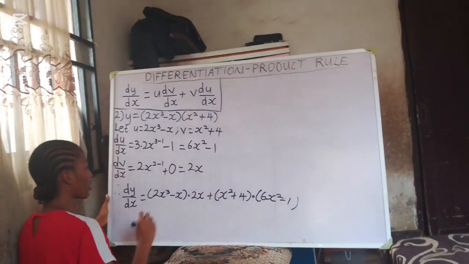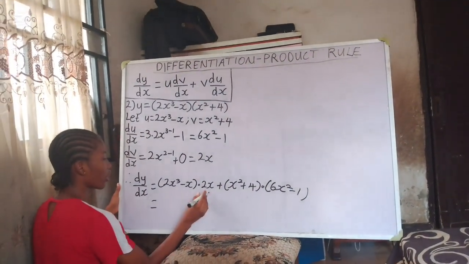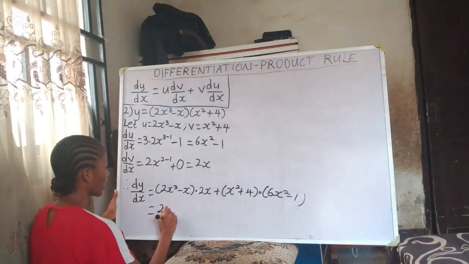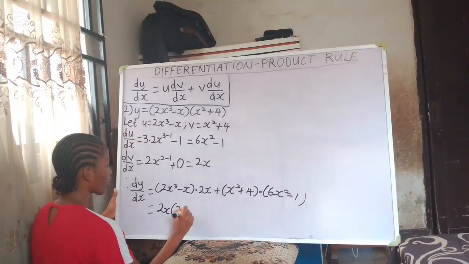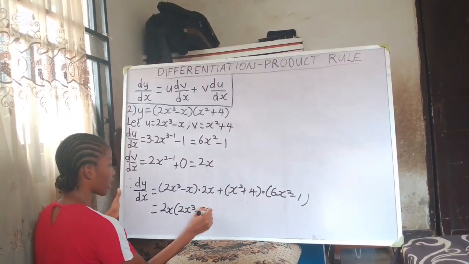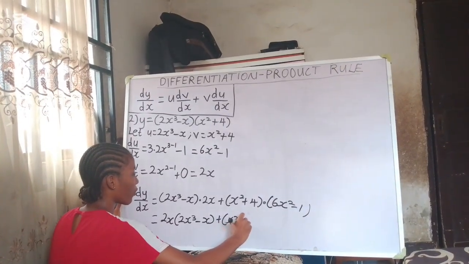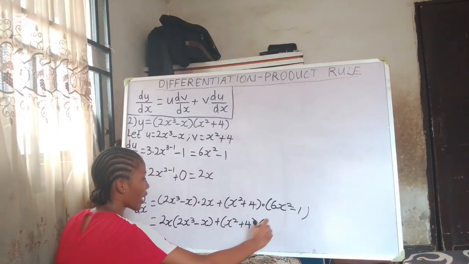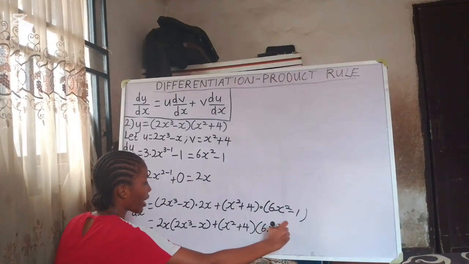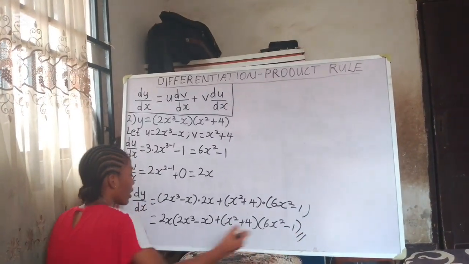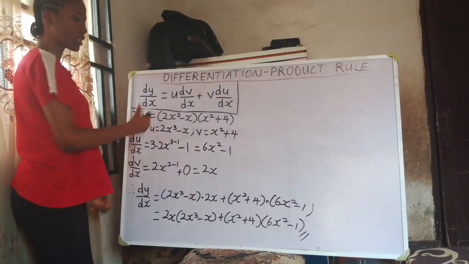So let me just rearrange this, since it's too long to expand. This will be 2x into 2x cubed minus x, plus x squared plus 4 into 6x squared minus 1. So this is the derivative of the function above.